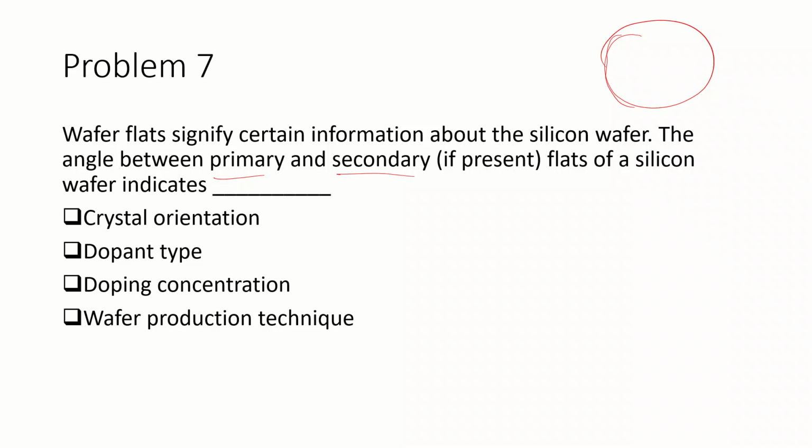The primary and secondary flats: the primary one is the bigger one, so the bigger flat is called the primary, and the smaller one, if there is one, is called the secondary flat. So what do these flats of a silicon wafer indicate? One answer was crystal orientation. Is there any other answer, or should we discuss it?